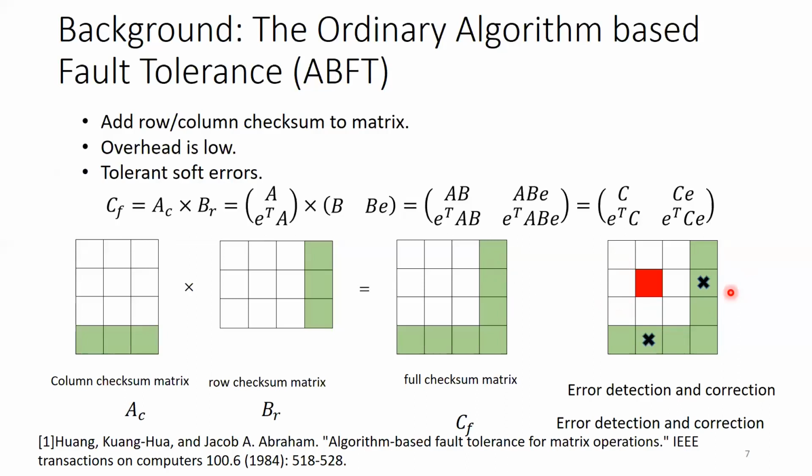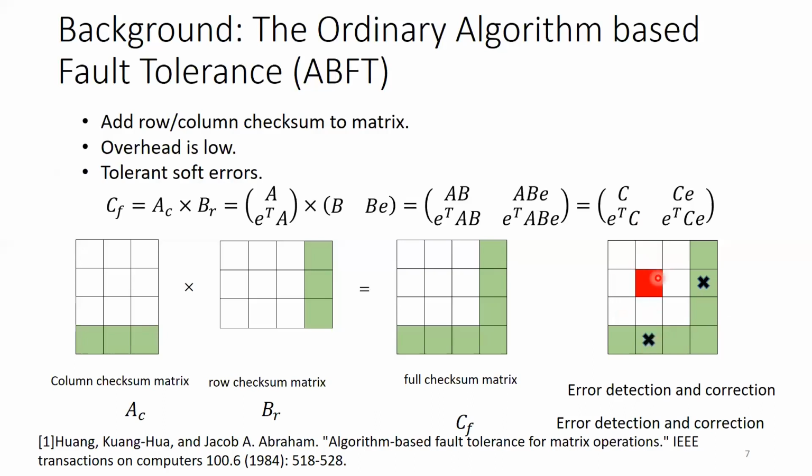The location of the error can be determined. The sum of elements in the same row as an error is not equal to the row checksum. The sum of elements in the same column as an error is not equal to the corresponding column checksum.